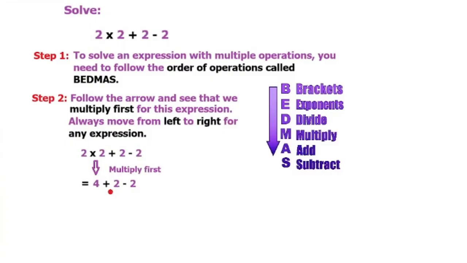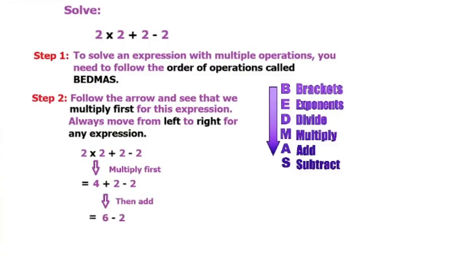Then we complete our sentence by putting down plus 2 minus 2. Now the next thing to do is, if we look at this expression from left to right, we have to add. The next thing we do is add after we multiply. So we can add these two together, and they're equal to 6.